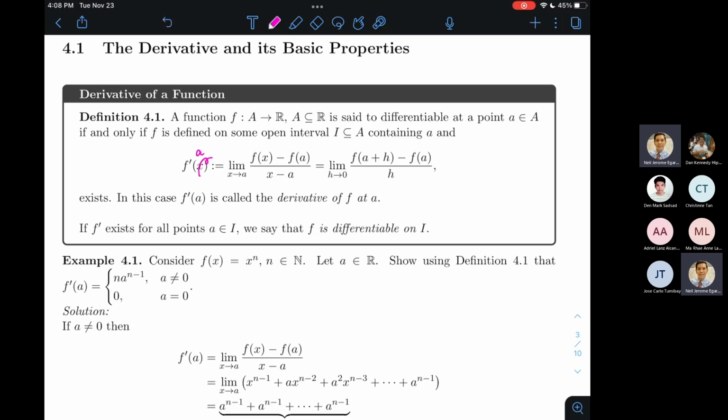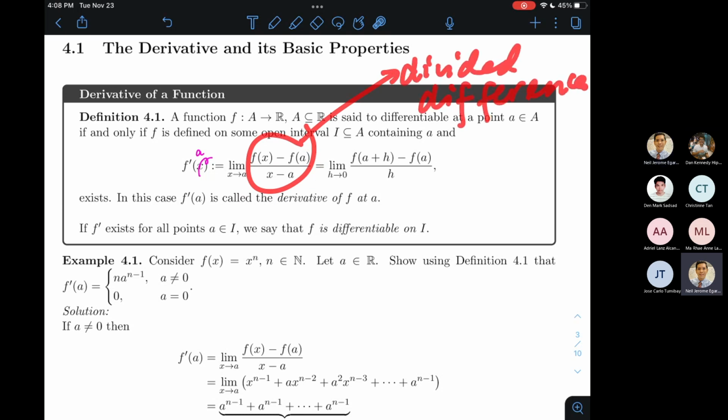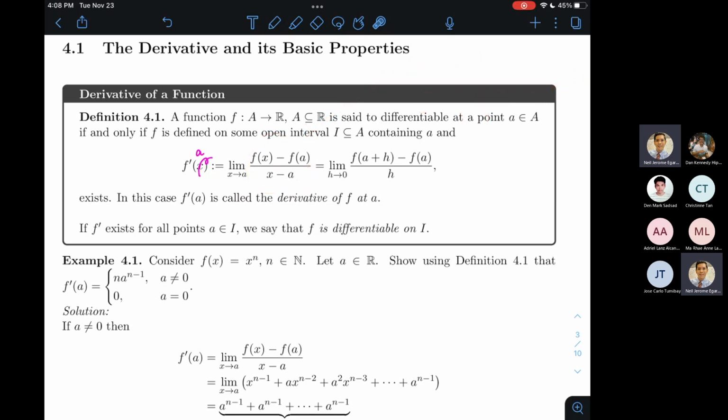This should be f prime of a. So the derivative of f, denoted by f prime, evaluated at the number a, is equal to the limit of the divided difference. So ang tawag natin dito ay divided difference para hindi ko na lang uulit-ulitin yung pagbasa dun sa fraction as x approaches a.